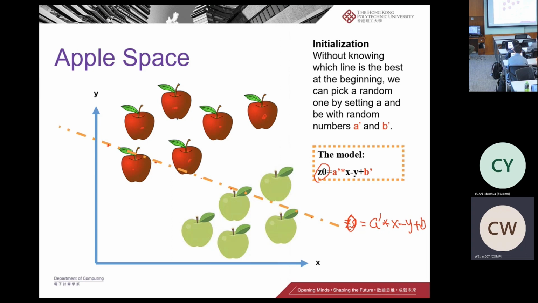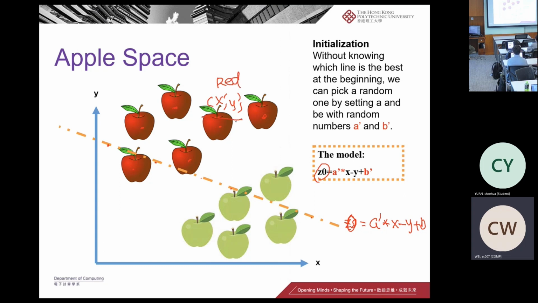So for any of those samples, we can substitute. Let's say we have x prime here, y prime here, and it's a red apple. We have the label, right?